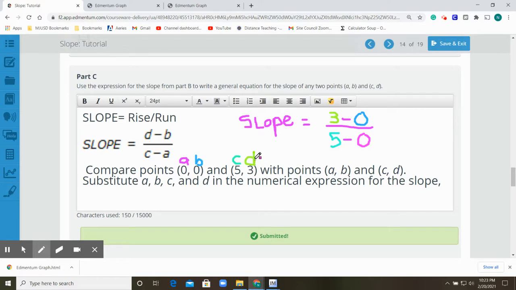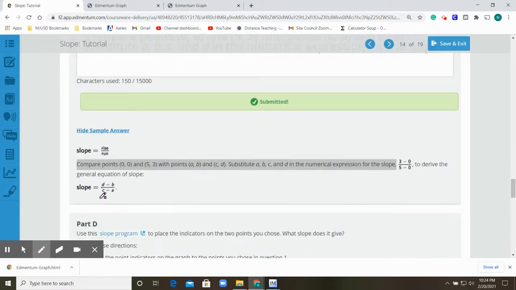So 3 is D minus 0 is B. C is 5 minus 0 as A. It's a little hard to see down here, but they are showing D minus B over C minus A, which translates to the slope equals 3 minus 0 over 5 minus 0.